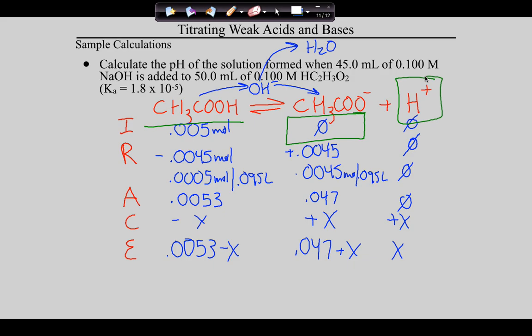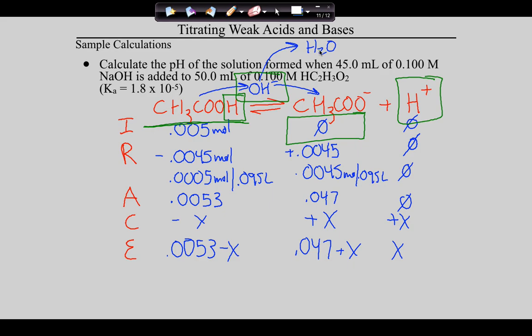So you're comfortable with the idea that we've got our vinegar, our acetic acid, right? And so we add OH to that. So what chemistry takes place? Well, the OH, as an aggressive base, steals a hydrogen from the acetic acid. When this hydrogen gets removed, we're then left with the acetate ion that's this, but where does the hydrogen go? Well, the hydrogen bonds to the OH and turns into water.